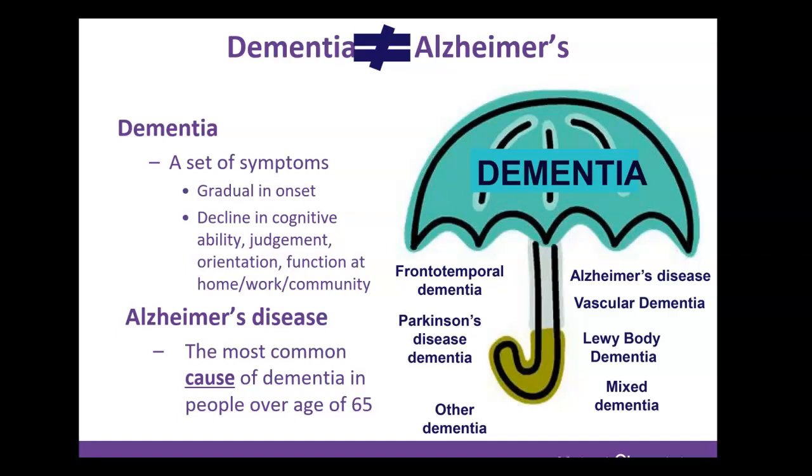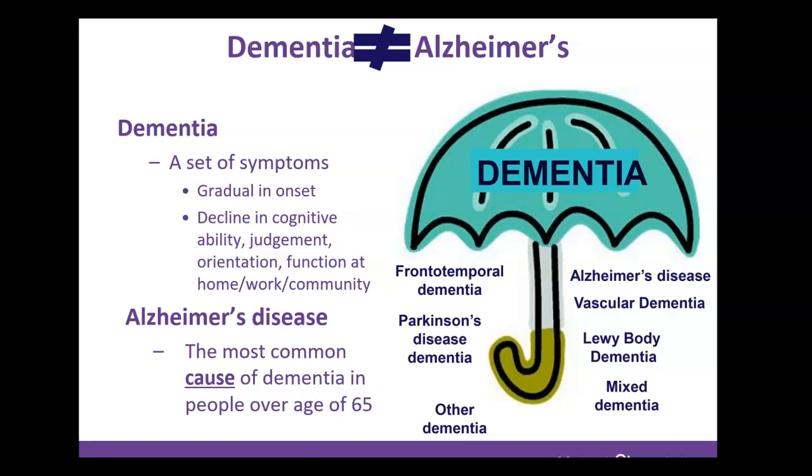So this slide is showing you that the overarching category for these types of cognitive developmental diseases of the brain are broadly grouped under the term called dementia.